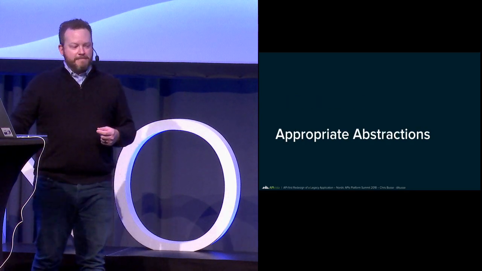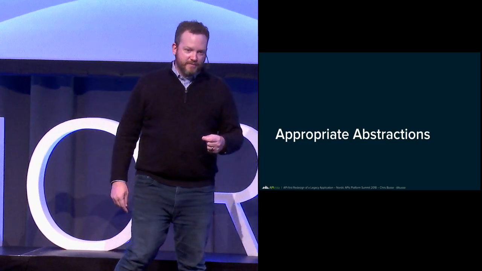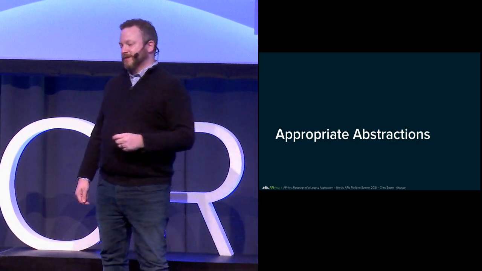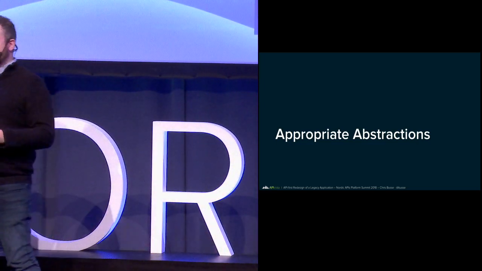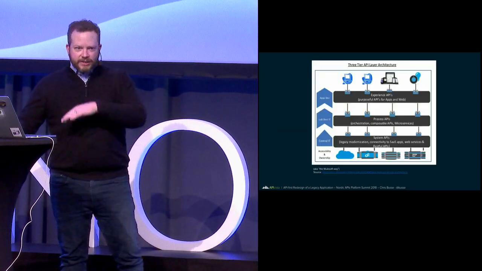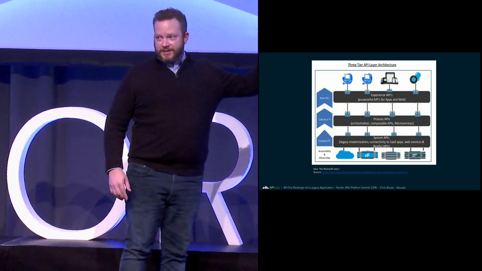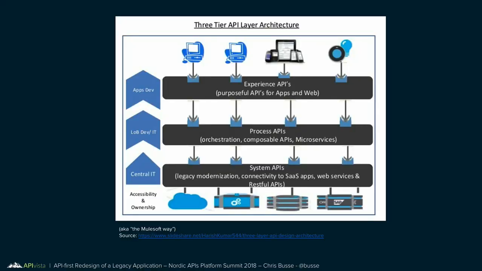So going into this, another thing that we learned, not maybe in the lemonade stand demo there, but when you start to look at legacy applications, is understanding the idea of appropriate abstractions. If anybody has worked deeply with MuleSoft, you may be familiar with this diagram, which is their three-tier API layer architecture.